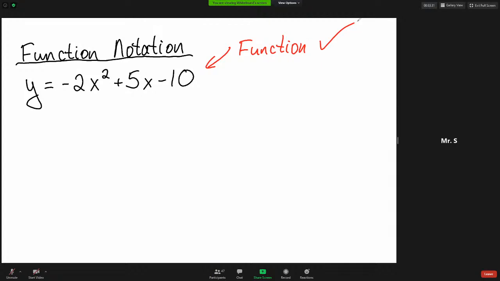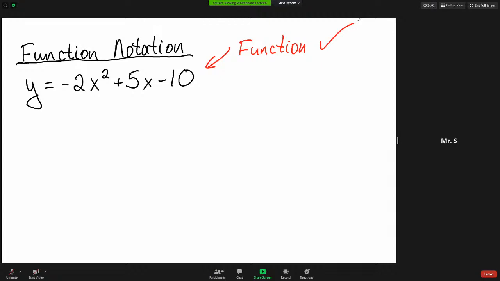It's already solved for y, so whatever x I plug in, I'm just doing some operations to it, and I can't do an operation like a square or a multiply or an add or subtract that gives me two different results, right? It doesn't work like that. If I square a number, I'm getting a unique value. If I multiply a number by -2, I'm getting a unique value. I cannot get two different values if I multiply something by -2, or if I add 10 or subtract 10. So this is a function.